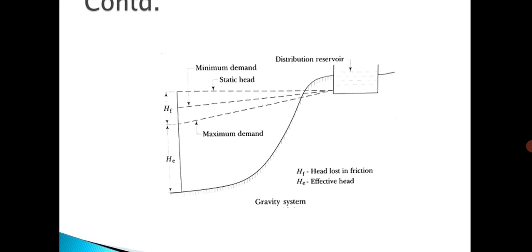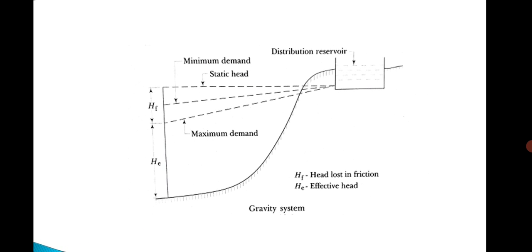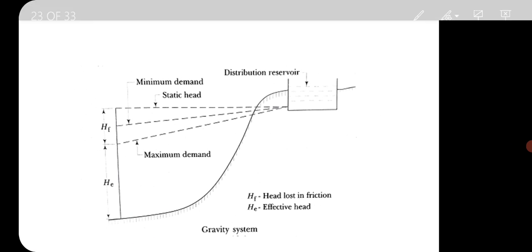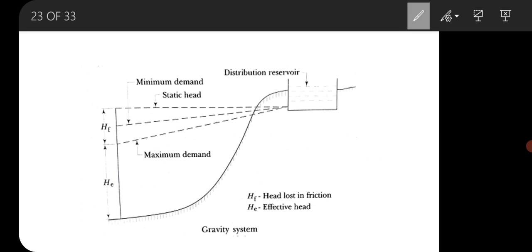So now see, this is the gravity system and this one is the distribution reservoir from where water is distributed to the low lying area. So here the water is distributed by mere action of gravity.